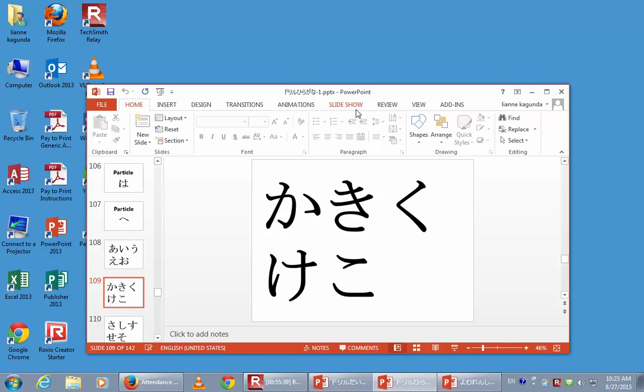This is often paired with and comes before yoroshiku onegaishimasu, but they don't have to be together. Hajimemashite is basically saying we're meeting for the first time. So it's a greeting when you first meet somebody or when you first introduce yourself to a group. It doesn't have to occur any other time though.